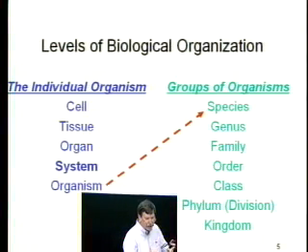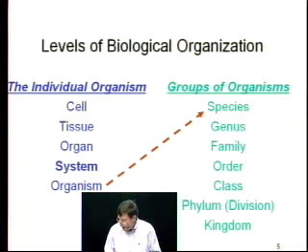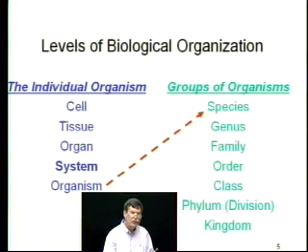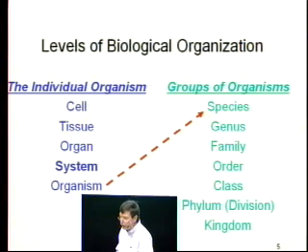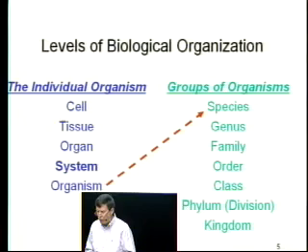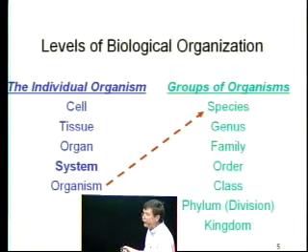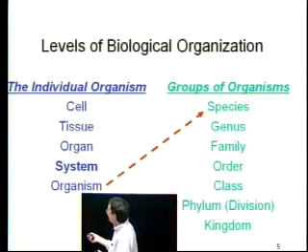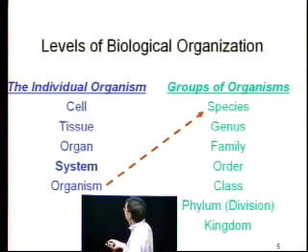Then we group together cells of a particular kind to make tissues, and then groups of tissues that perform a particular function come together to form organs. Then we have systems, which are groups of organs that perform related functions, and then we have an organism, the living individual, composed of a whole bunch of interrelated, interdependent systems.